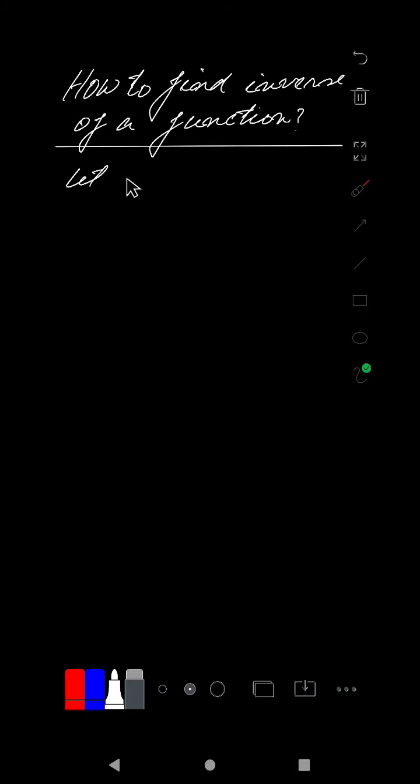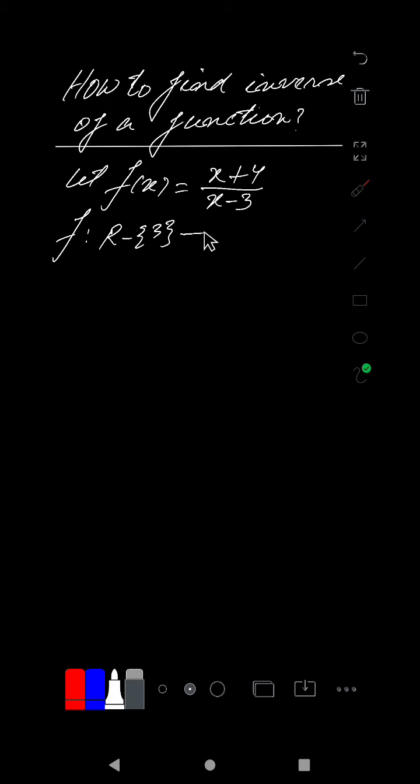Let f(x) is equal to x plus 4 upon x minus 3. We are taking the same function on which we have discussed how to find invertibility of the function, where f is defined from R minus curly bracket 3 to R minus curly bracket 1.